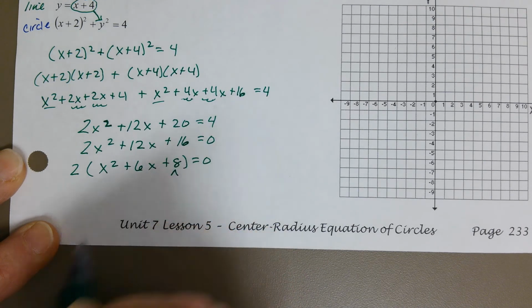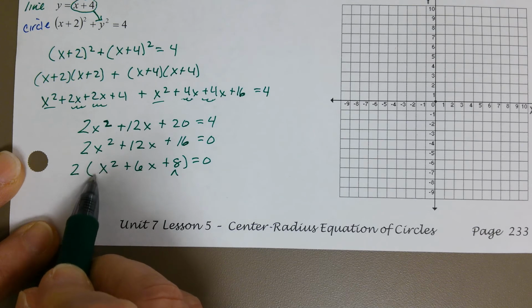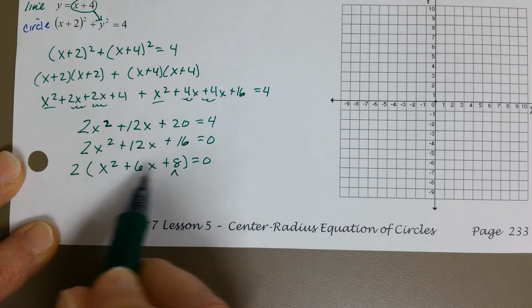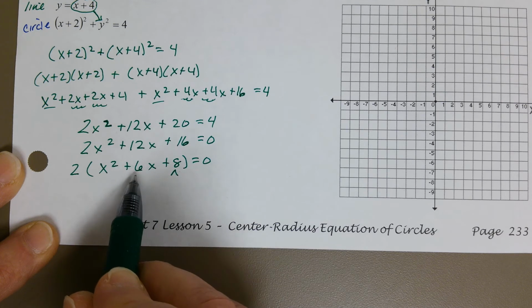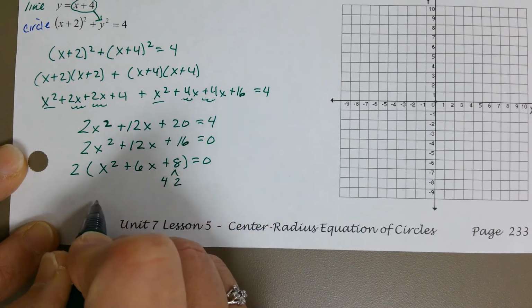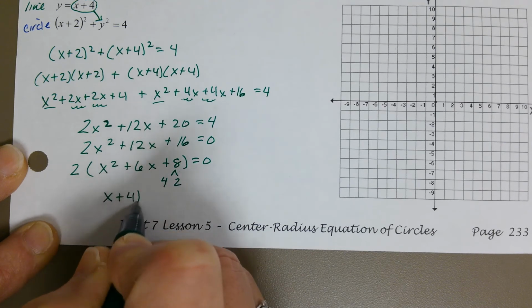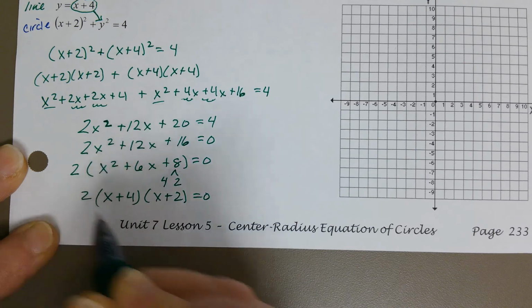Factors of 8 that sum to 6. I went to the constant right away because the leading coefficient of our trinomial inside parentheses is 1. Factors of 8 that add to 6: 4 and 2. This factors into (x + 4)(x + 2) = 0.